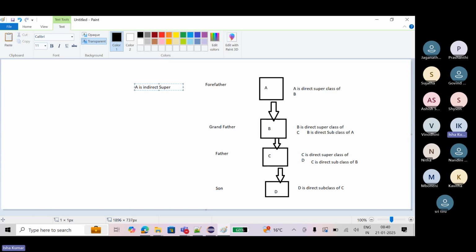So A is an indirect superclass of C and D, correct or not? Indirect means between A and C, B is there. But anyhow, A is senior for B and C both. So A is a direct senior of B, but an indirect senior of C and D. That's it.